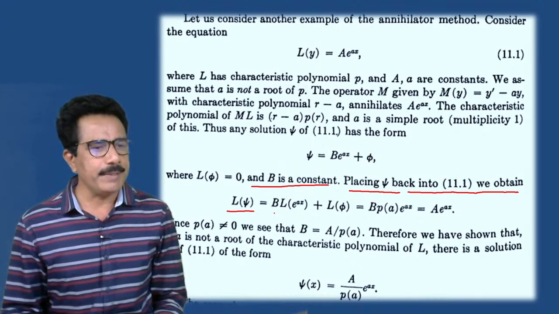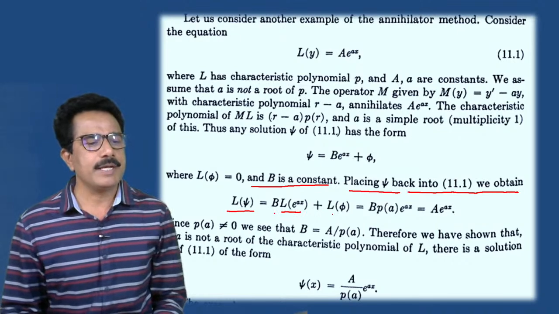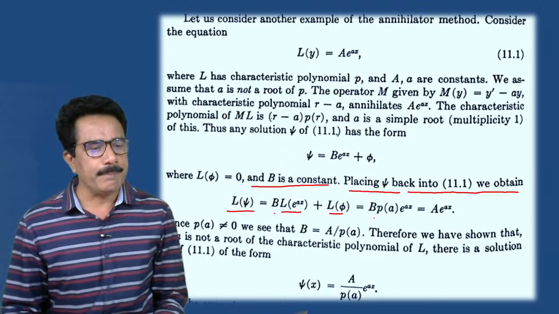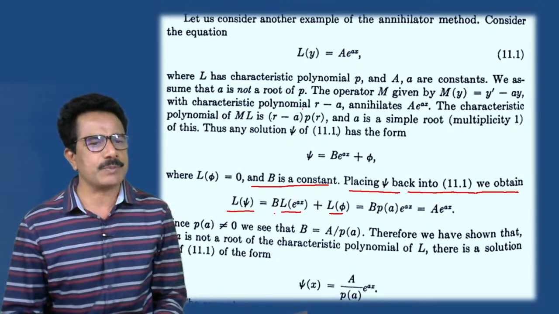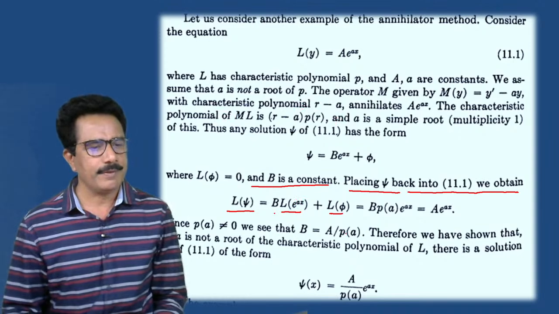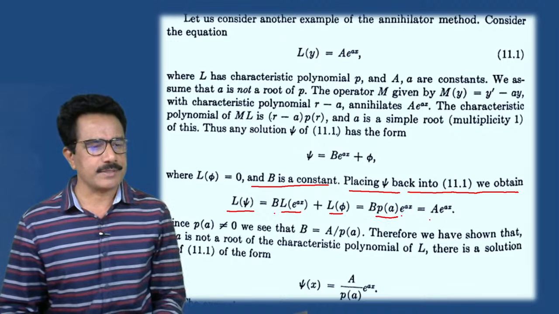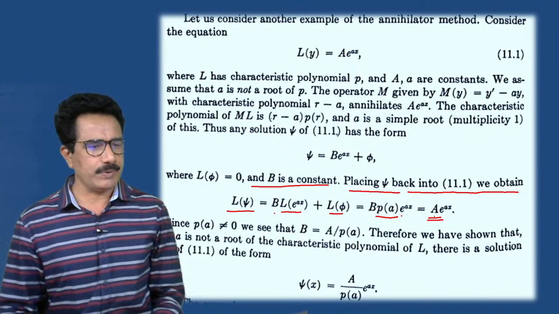So we can write b times L of e raised to ax plus L of phi. It gives L of e raised to ax, the characteristic polynomial, p of a into e raised to ax, which equals capital A into e raised to ax.